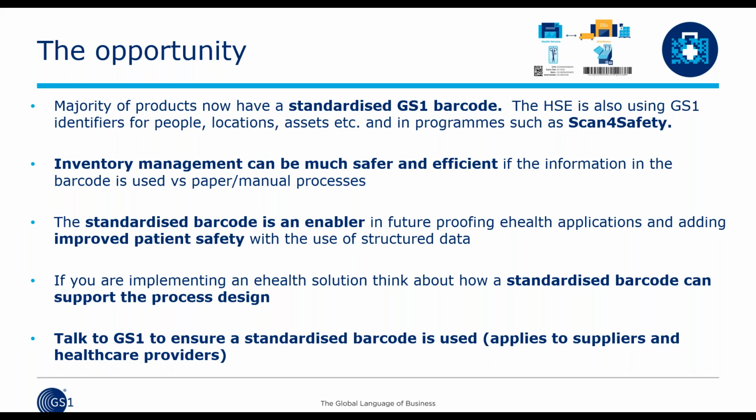And by scanning and capturing the information within those barcodes, such as batch and expiry, inventory management can be much safer and efficient compared to what it used to be, or still is in use in terms of paper and manual processes.